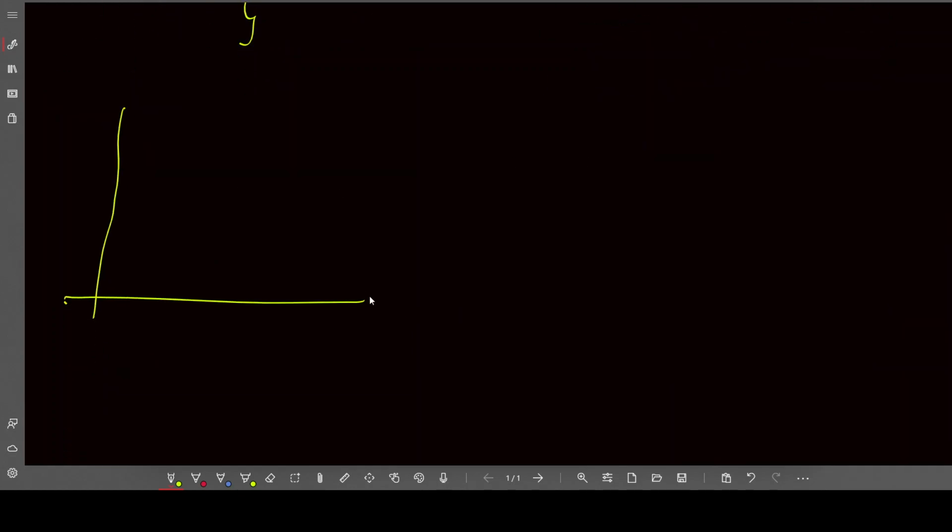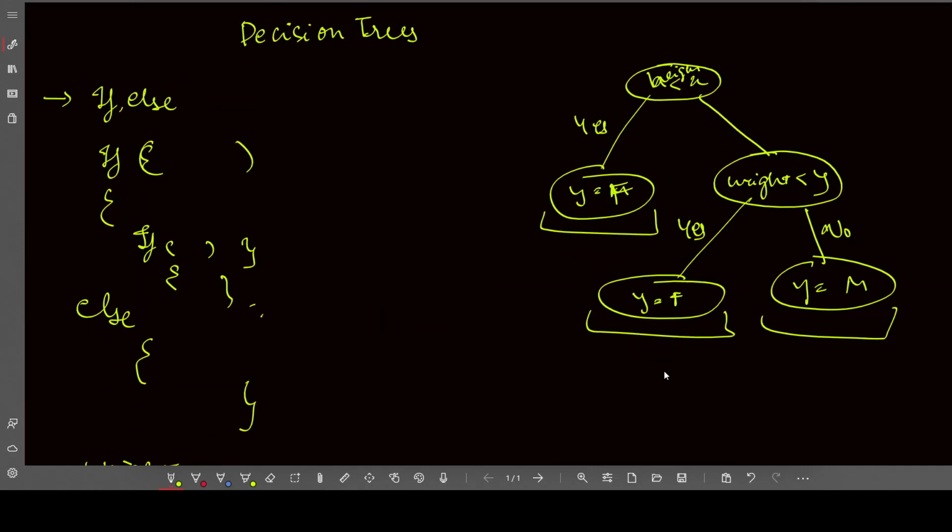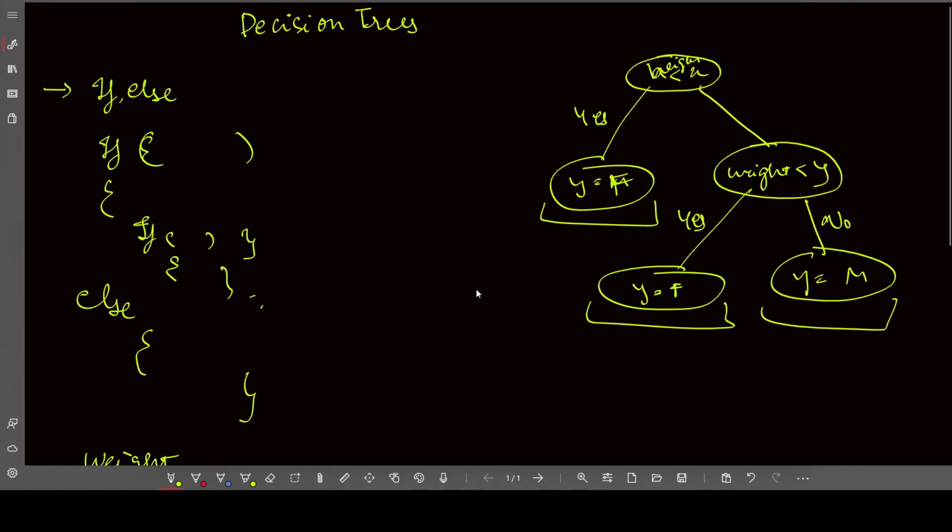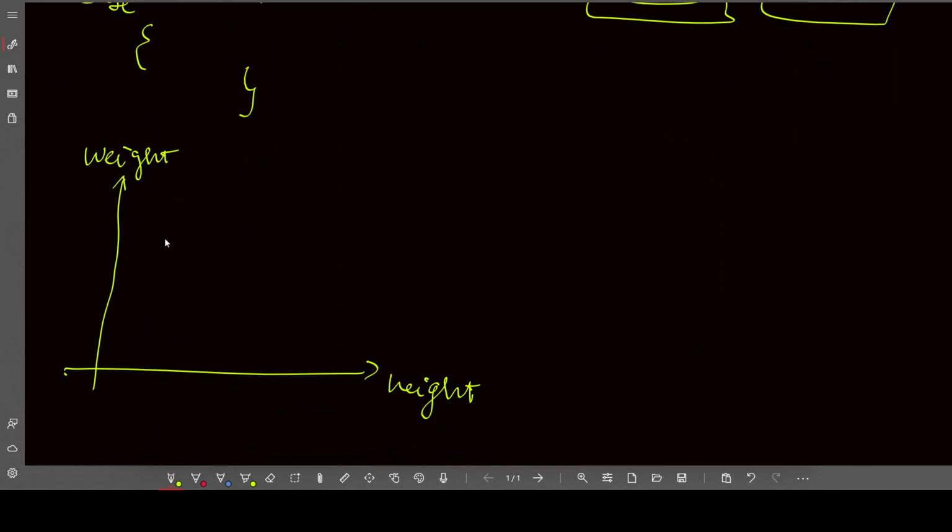So let's say I have height over here and I have weight over here. It was if height is less than x, let's say this point is x, then y equals female.